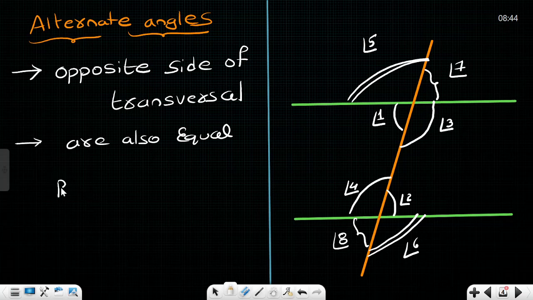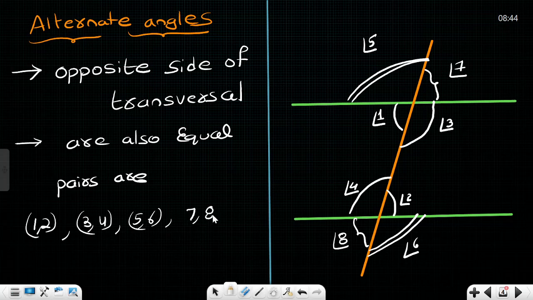So the pairs are, see here, 1, 2 is a pair of alternate angles here, 3, 4, 5, 6 and 7, 8. These are the pairs of alternate angles.